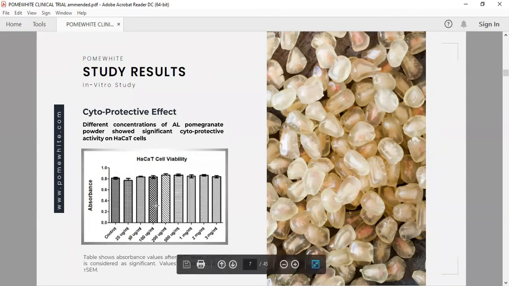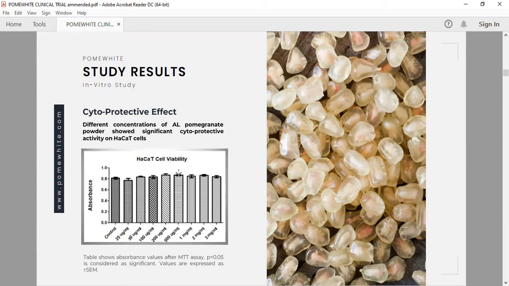So after checking the absorbance, we come to the conclusion that the normal cells, which are the control cells, have their proliferative or viability index up to this level. And after the treatment with Pomewhite on these HaCaT cells, no cytotoxicity is seen. You can see here that no cytotoxicity is seen. Instead, from this 500 microgram level, we have an almost uniform confirmation till 3 mg per ml for the Pomewhite.